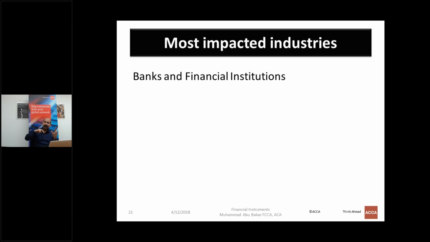When you are going to apply IFRS 9, you will have to recognize 75 million. So this is a huge amount which is going to hit your profit in the first year of the adoption of IFRS 9. This will definitely send a negative wave to the stock market, because especially for the banks and financial institutions, their profits are going to be hit very badly.